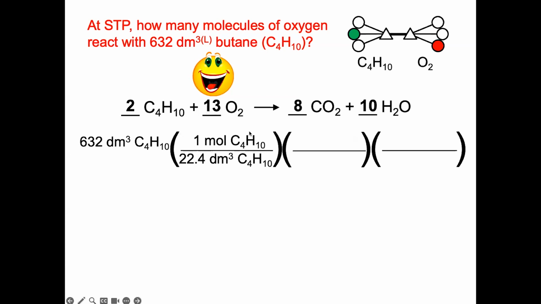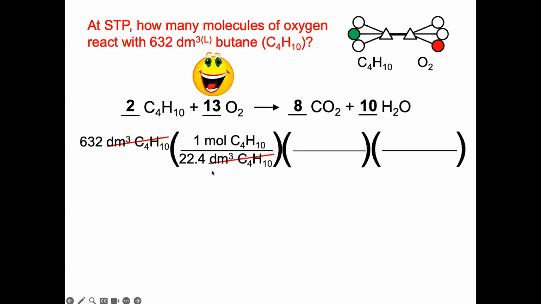So 1 mole of this at STP will occupy 22.4 liters of butane, correct? So now we have converted this into just moles.